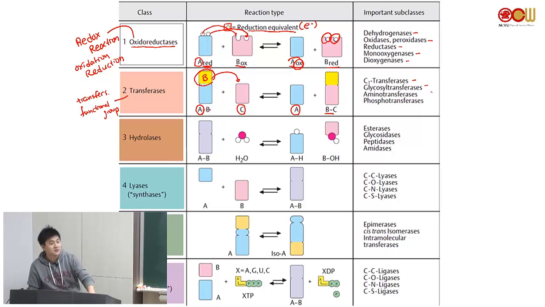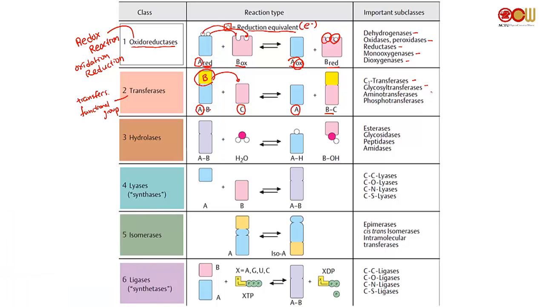So that's in a way a transferase. An easy way to know if something is a transferase is that typically it has the word transfer inside, for example C1 transferase, glycosyl transferase, amino transferase, phosphotransferase. Then immediately you know it's a transferase.